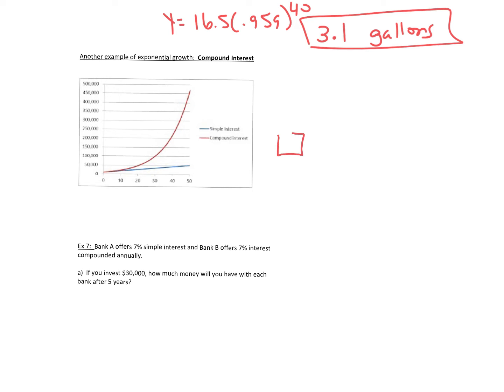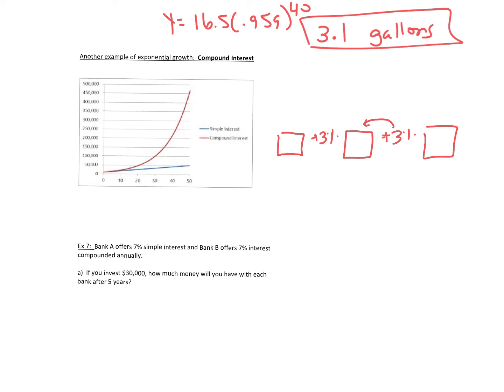Let's say this represents the amount of money that you initially borrow or invest, and then they add a certain percentage to it. So let's say they add like 3%. So after 1 year, it becomes 3% bigger. And then the following year, they add 3% of that new amount. So it's not 3% of the original, it's 3% of that new amount.